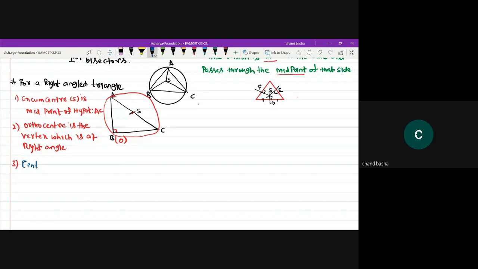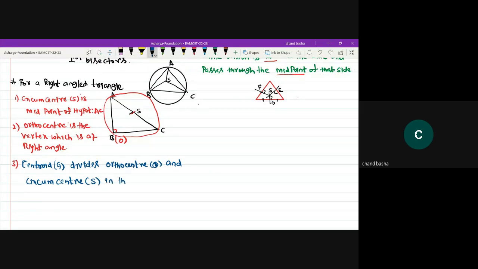Centroid G divides orthocenter and circumcenter in the ratio.